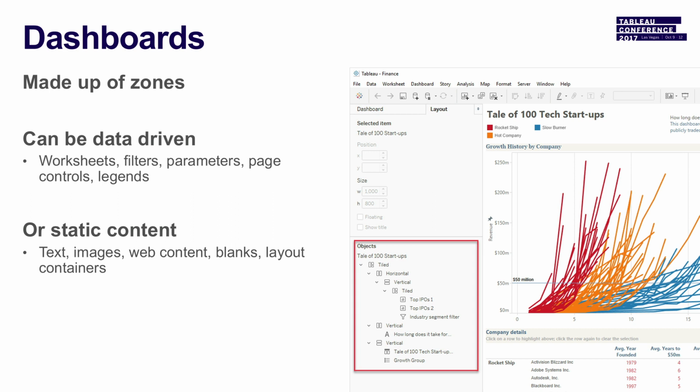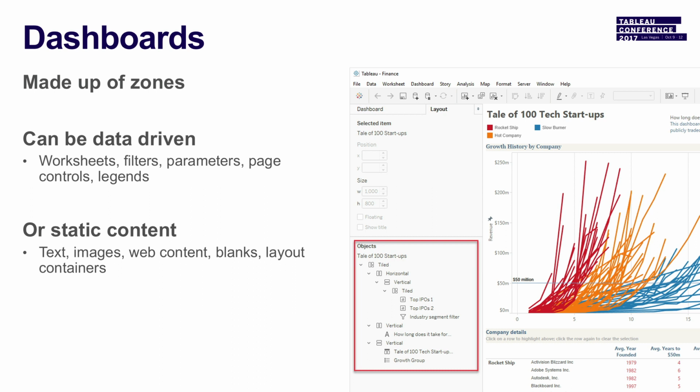Now some of these zones are going to be data-driven. The obvious one that you would think of is a sheet, a viz itself, but also you need to think about things like filters. So when I grab a filter, if it's an enumerated filter, I need to know what all of those things are. Even if it's a ranged filter, I need to at least know the start and the end of the range so I can use the slider to zoom backwards and forwards in between. My parameters, they're going to be enumerated.